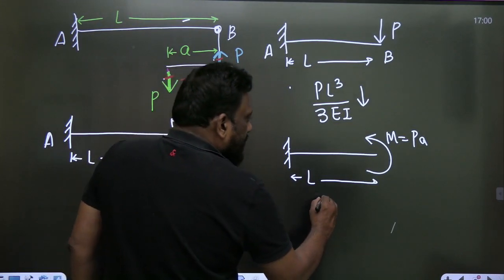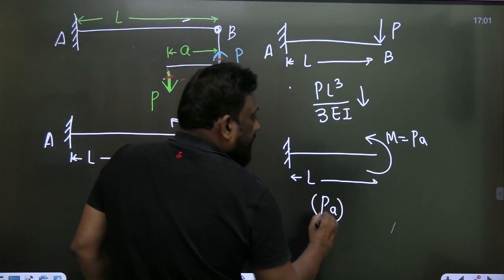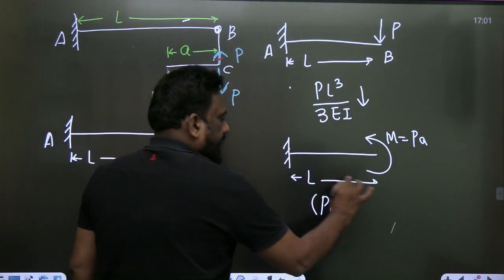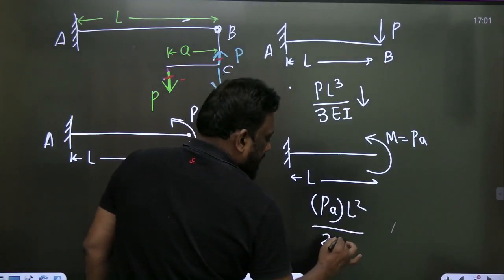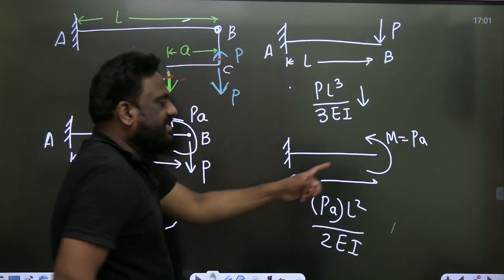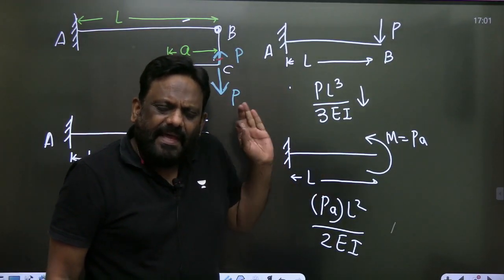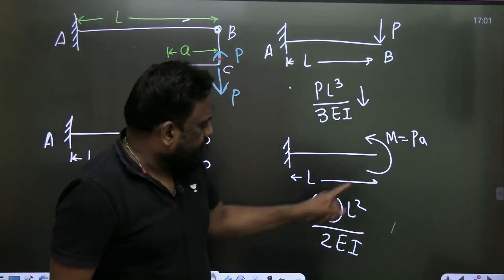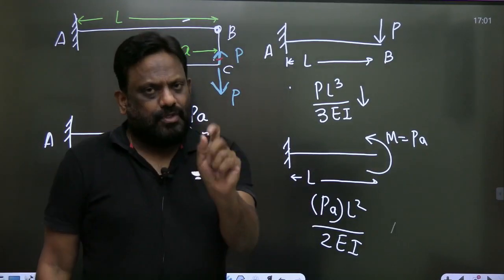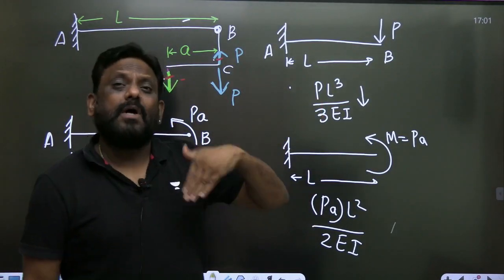M is PA. For a cantilever with a concentrated moment, the deflection is ML square by 2EI.